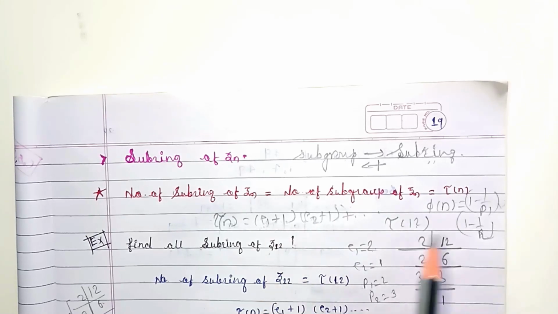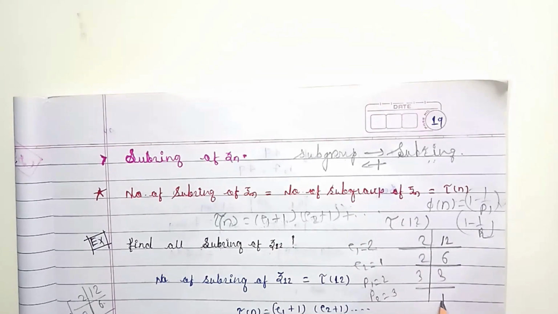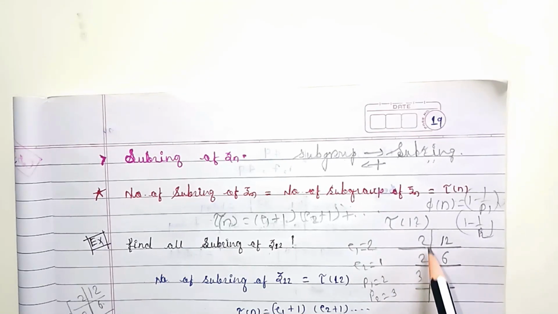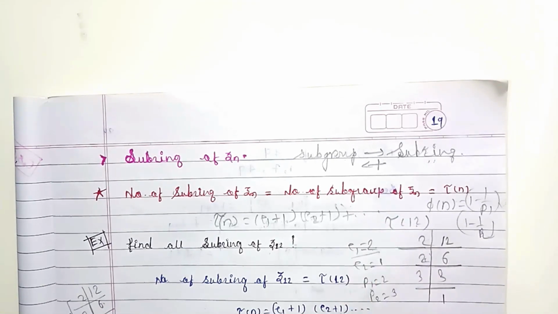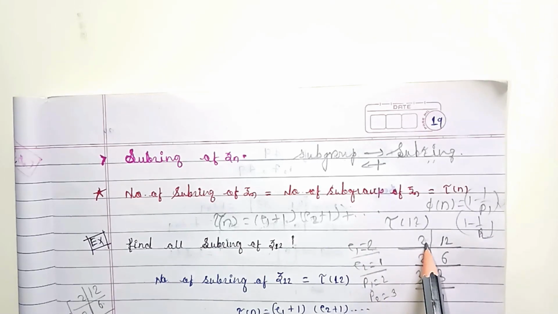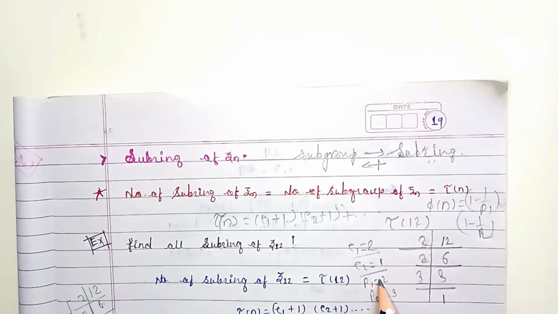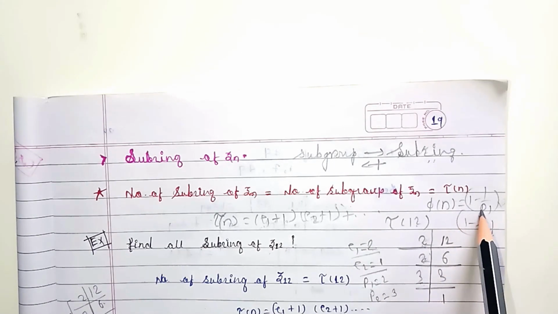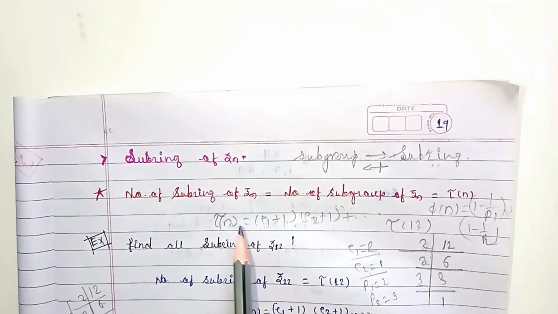For 12, I divided 12 till I got the remainder 1. We see the repetition of the first number, 2, which occurs 2 times, so E1 is 2. The second number, 3, repeats only 1 time, so E2 is 1. So P1 is 2 and P2 is 3. P1, P2 are helpful for finding the Euler phi function, and E1, E2 are helpful for finding tau n.